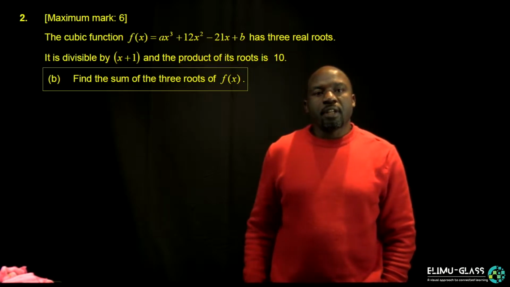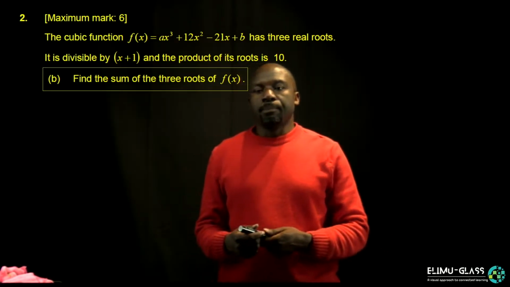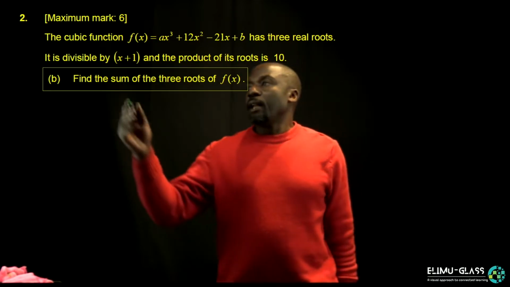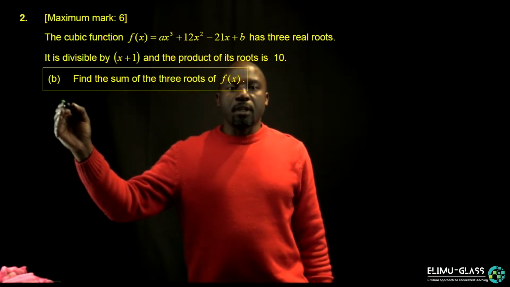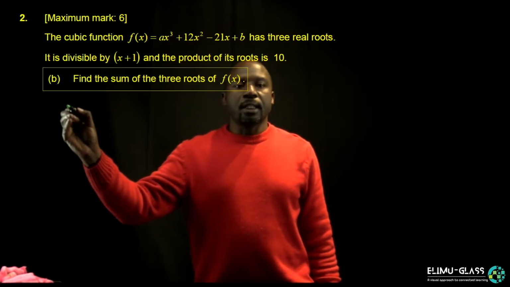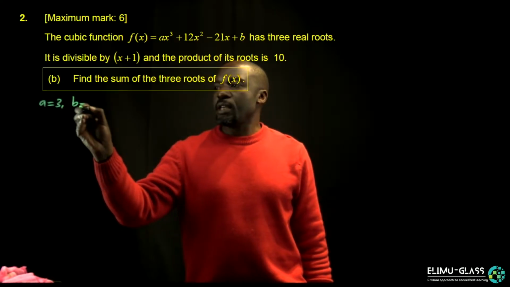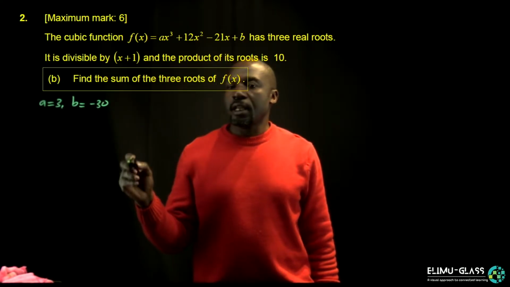Okay, so part B of the question requires us to find the sum of the three roots. Well, we know now that from the previous part we found that the value of a was 3 and the value of b was negative 30.